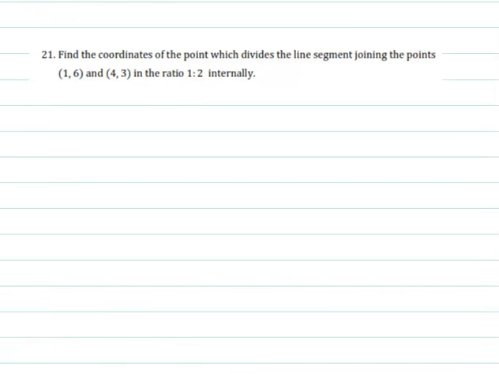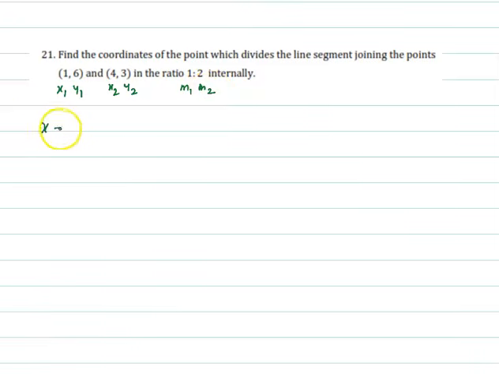Find the coordinates of the point which divides the line segment joining the points 1, 6 and 4, 3 in the ratio 1 is to 2 internally. That means there is a line segment joining 1, 6 and 4, 3. So it becomes x1, y1, it becomes x2, y2, this becomes m1 and this becomes m2.